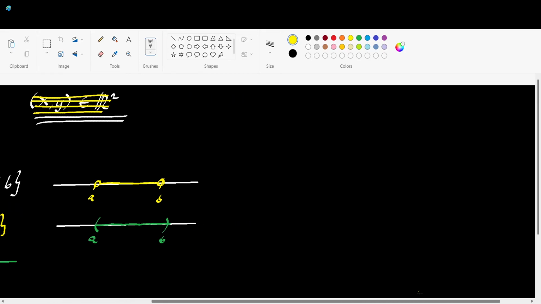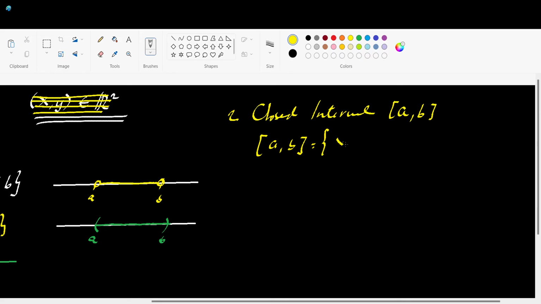If we are to include the endpoints, then that will be a closed interval. We denote the closed interval by a pair of brackets, [a, b]. So we define the closed interval [a, b] as the set of all x's such that x is between a and b, including the endpoints. So see the difference? In the open interval, the endpoints are excluded. But in here, the endpoints are included.